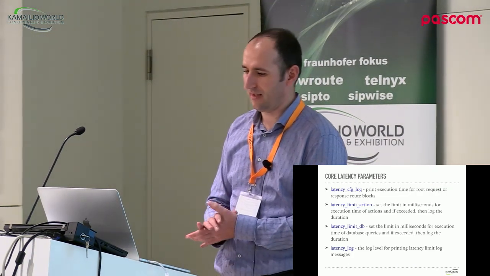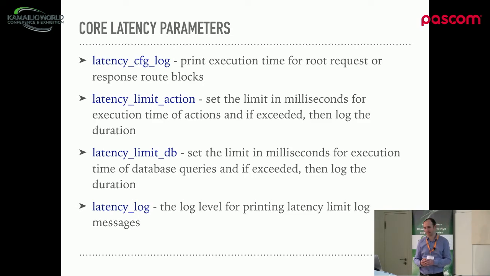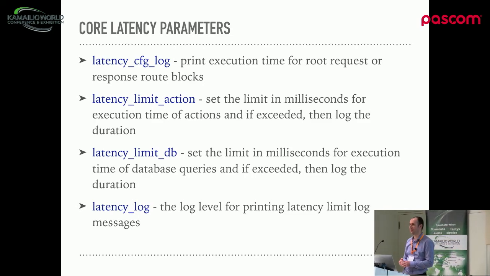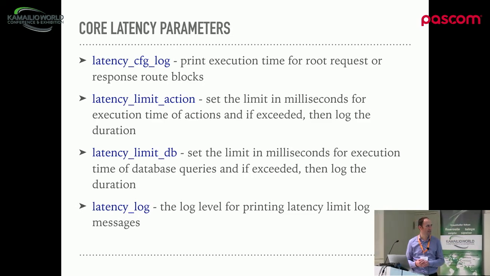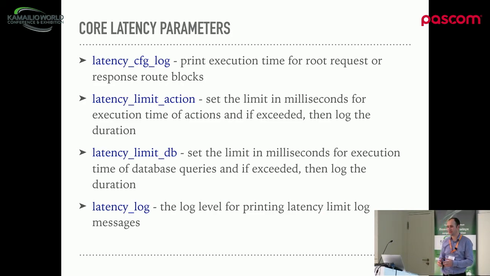So if you look at the core cookbook on our wiki and you search for latency, you'll discover a couple of parameters that you can enable or set some values for to get, in our case, log messages in the situation when some action, as we call these statements in our configuration file, is too slow.